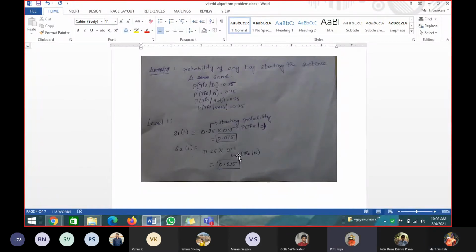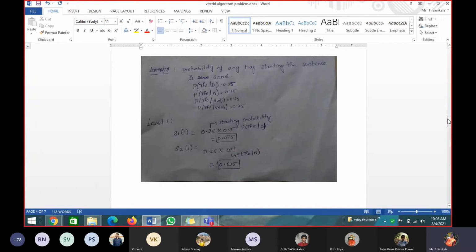S11. So from level 1 we have decided S11. What is the word we have and what is the tag we have? The and determiner. Very good. So from level 1 we have decided that the is a determiner, which is the correct one.